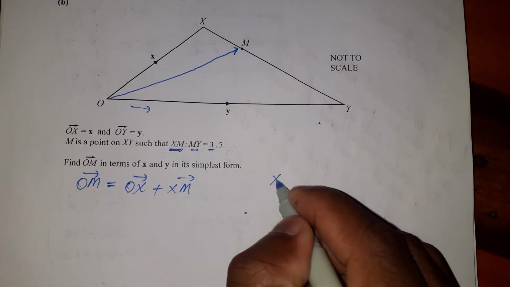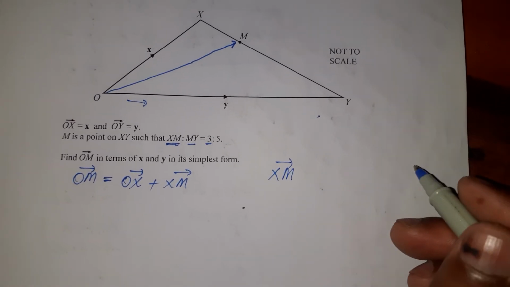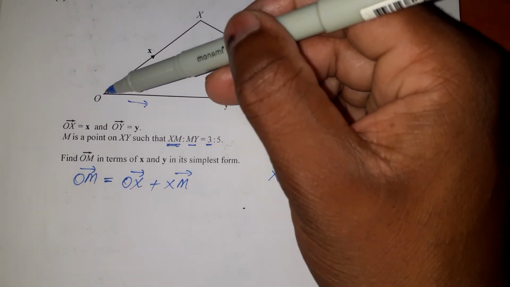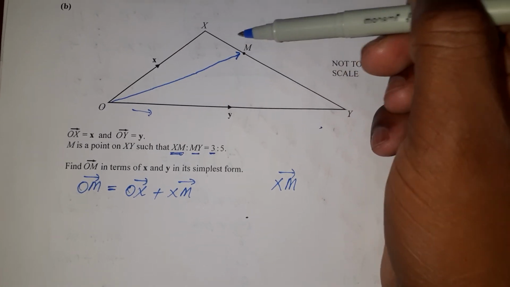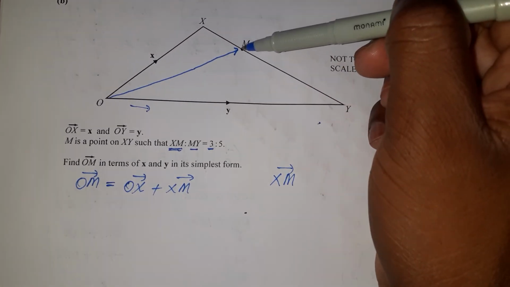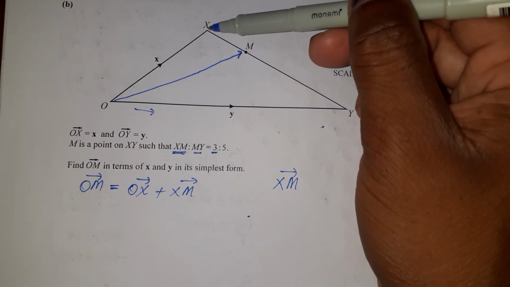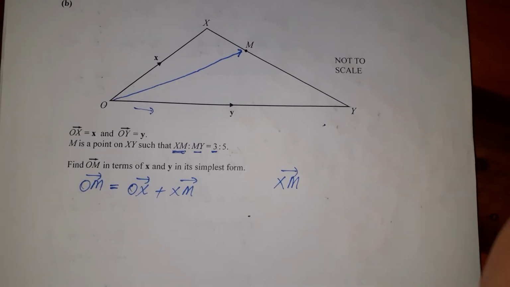So for us to get our XM, we have to check. We want to move from O to X and then from X to M, but keep in mind that X to M is a fraction of the length XY. That is just a fraction.